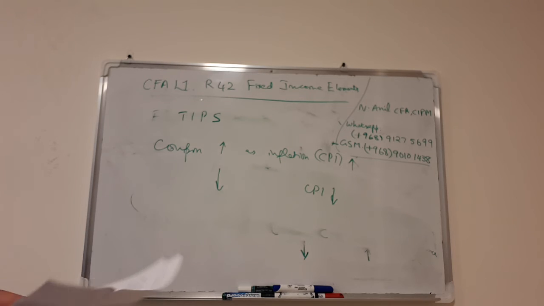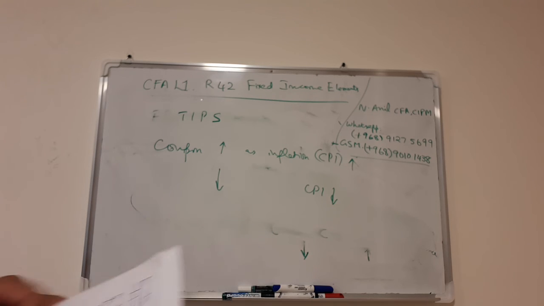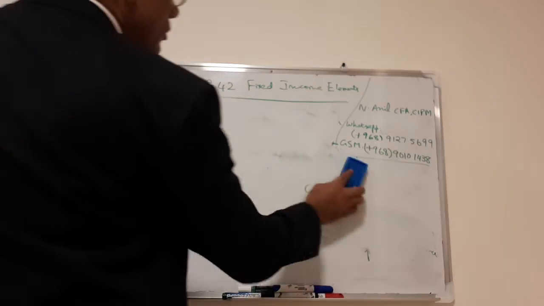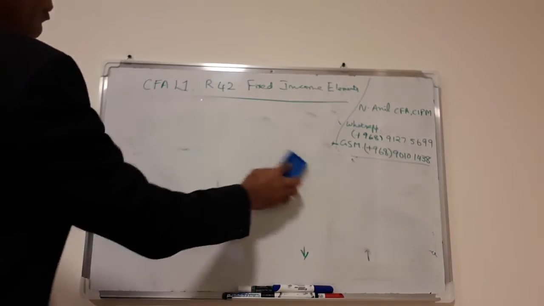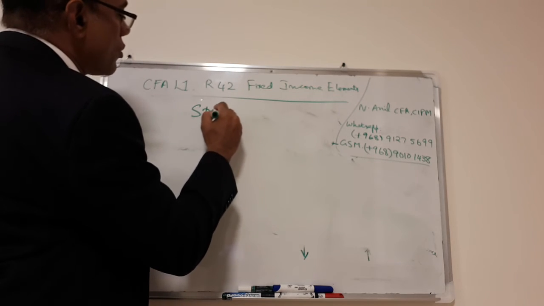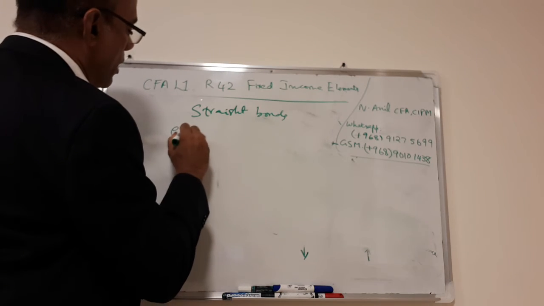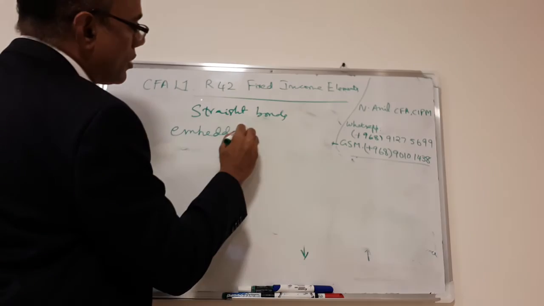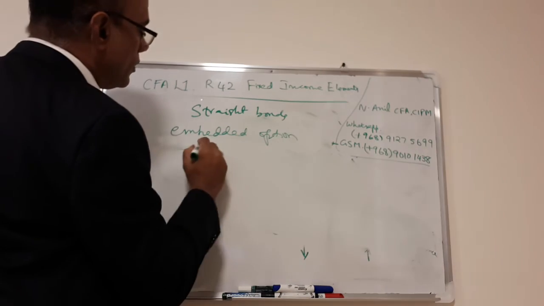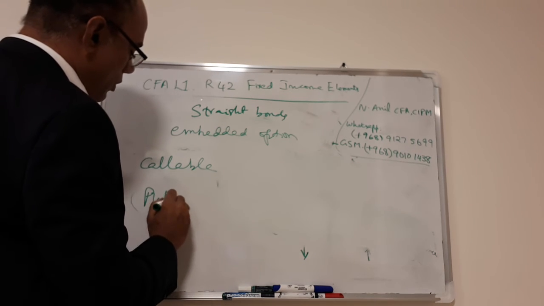Then we have bonds with embedded options. These are called bonds having contingency provisions. So we have callable bonds and puttable bonds. You have what are called straight bonds where there is no embedded option, and bonds with an embedded option. These can be two types, callable and puttable.